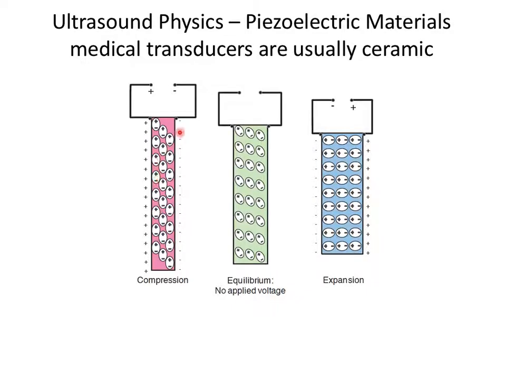Then you switch the polarity of the voltage, and you rotate those objects the other way, and you get a relative expansion around this middle point. And you can do this at very high frequencies, right, so 20, 40 megahertz, stuff like that.